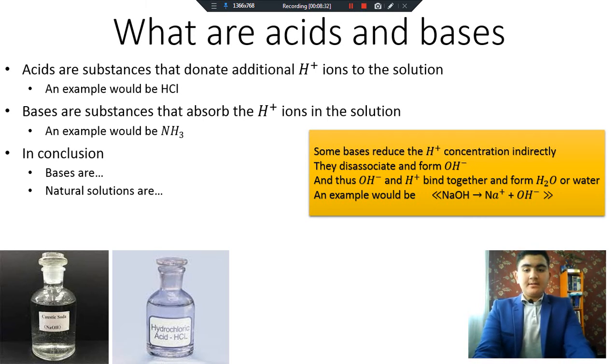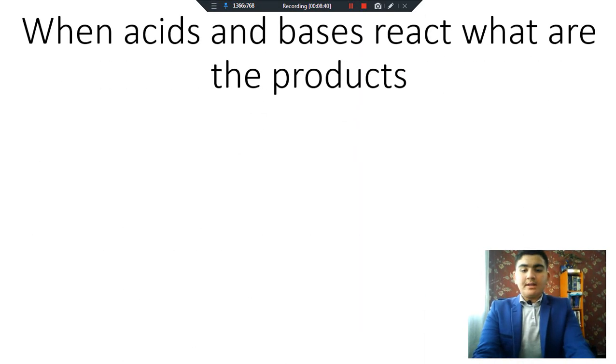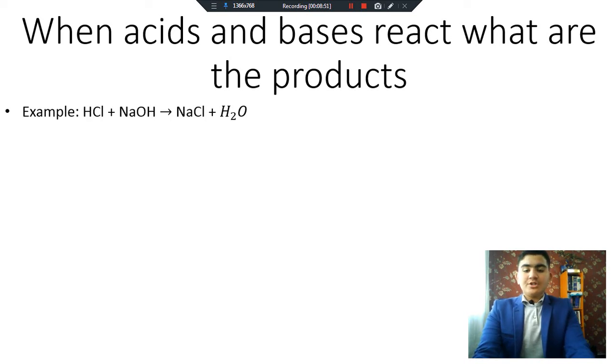Always know this: whenever a base and an acid react, their products are water and a kind of salt. For example, when hydrogen chloride and sodium hydroxide react, their products are H2O, or water, and NaCl, which is table salt.